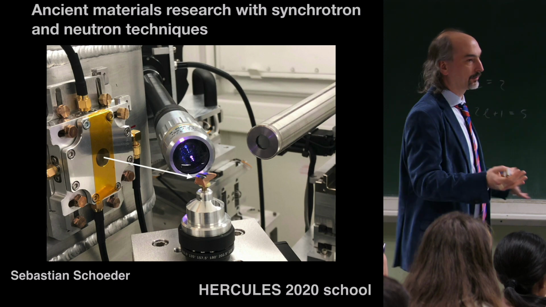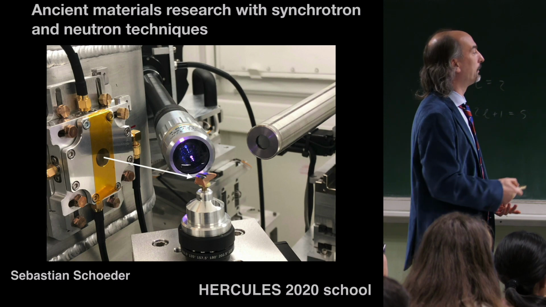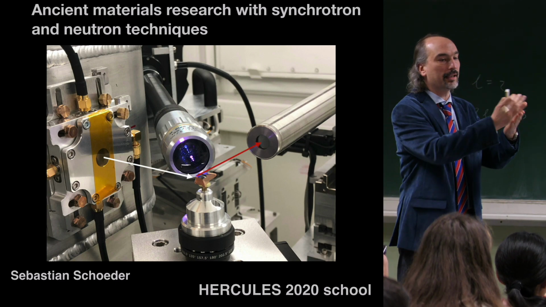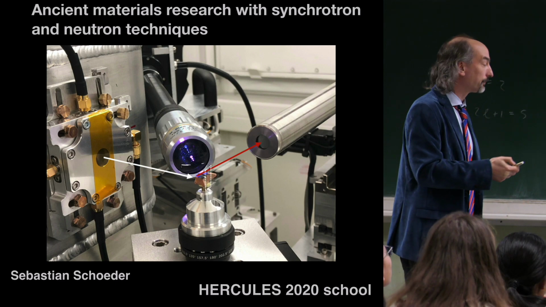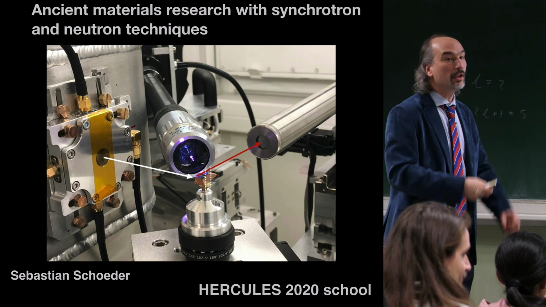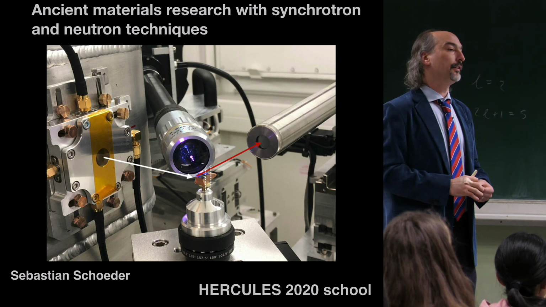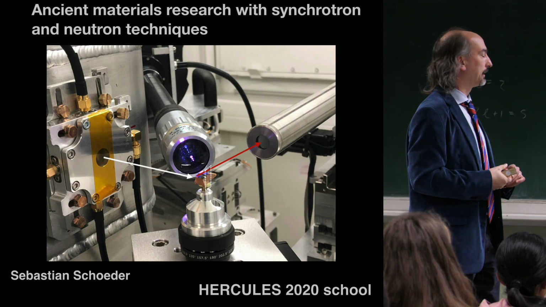Then, of course, the sample is going to emit fluorescence radiation in all directions. We're going to take this with the silicon drift detector, and then we're just going to move the sample through the beam so that we can obtain an image with the elemental distribution. At every pixel we take a complete spectrum, and it means we get all the elemental contents in this spot that are accessible to our energy.